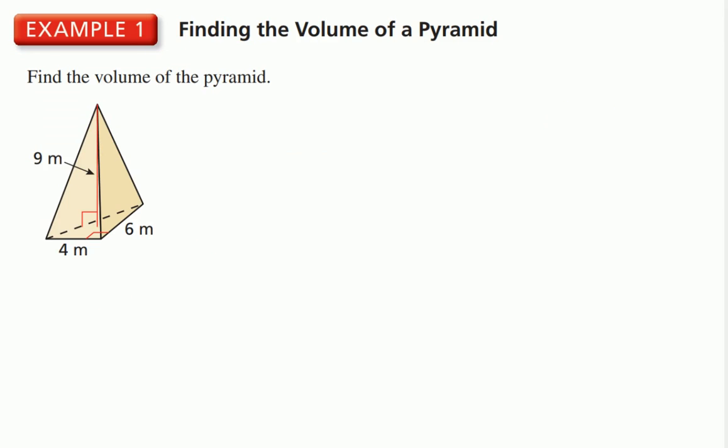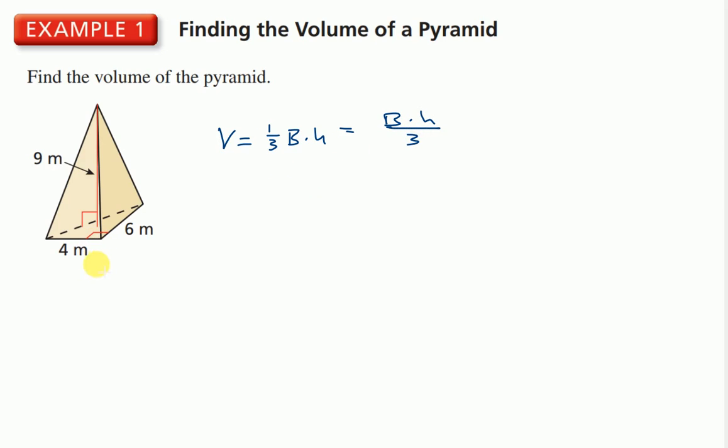Finding the volume of a pyramid. In this case, the base is a triangle. Remember, the volume is 1/3 base times height. We could also write that as base times height divided by 3. Those are equivalent.